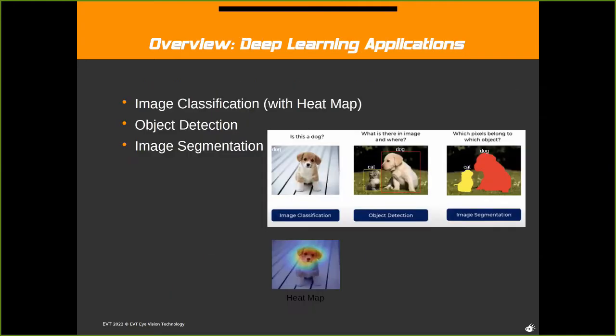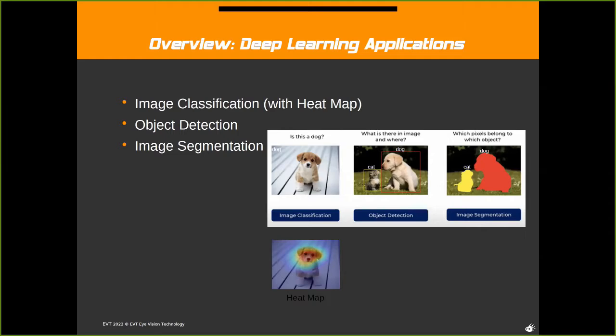So we have different tasks in deep learning, starting from the basic one, which is image classification. It gives us the output, we just get the information what is in the image, but with the additional feature heat map, we can also see the focus of the network on the image while doing the prediction.